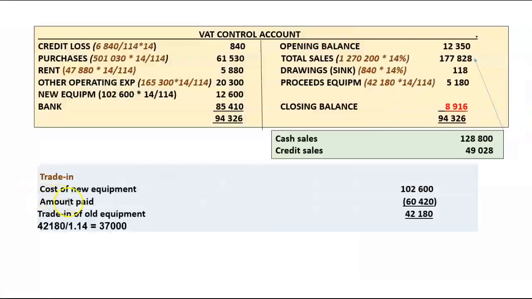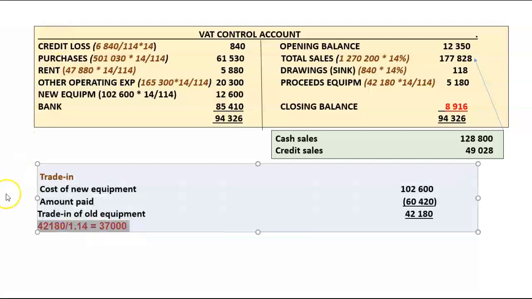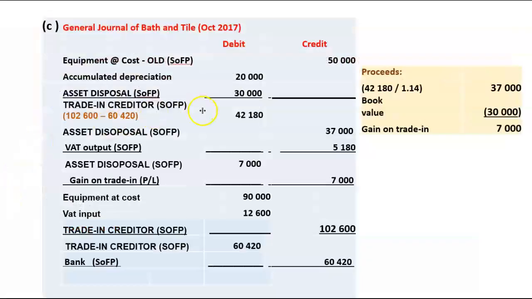We are going to take the portion that belongs to us, the 37,000, to our asset disposal account. So we're going to credit our asset disposal account with 37,000. And the difference between the two is our VAT, which we are going to pay over to the Receiver of Revenue, VAT output, 5,180 Rand. In total, we received the 42,180.